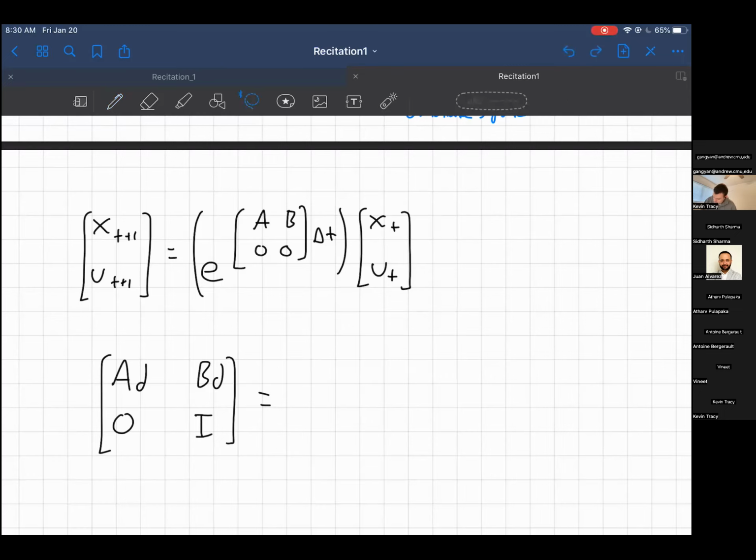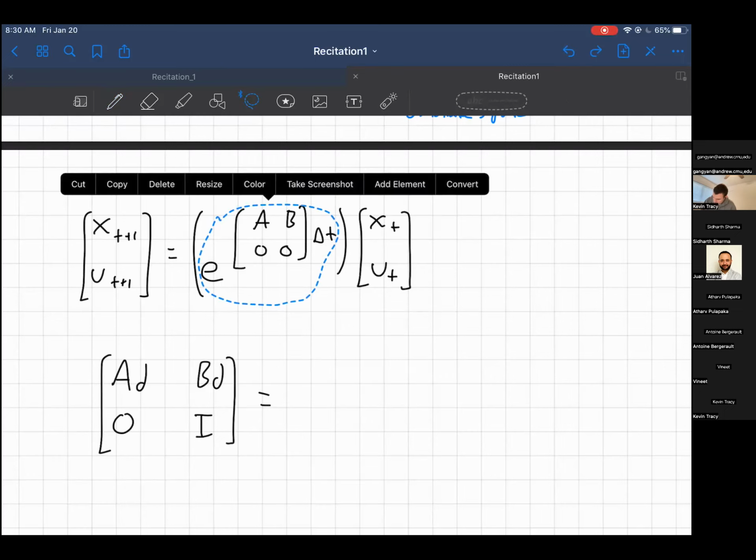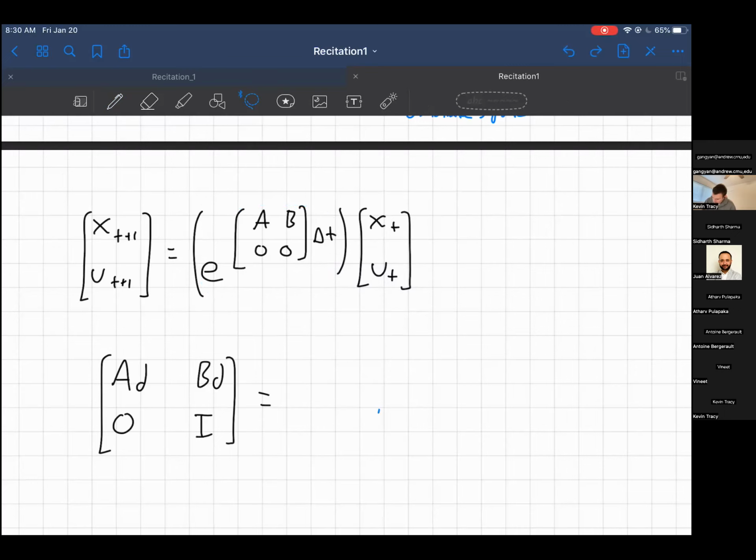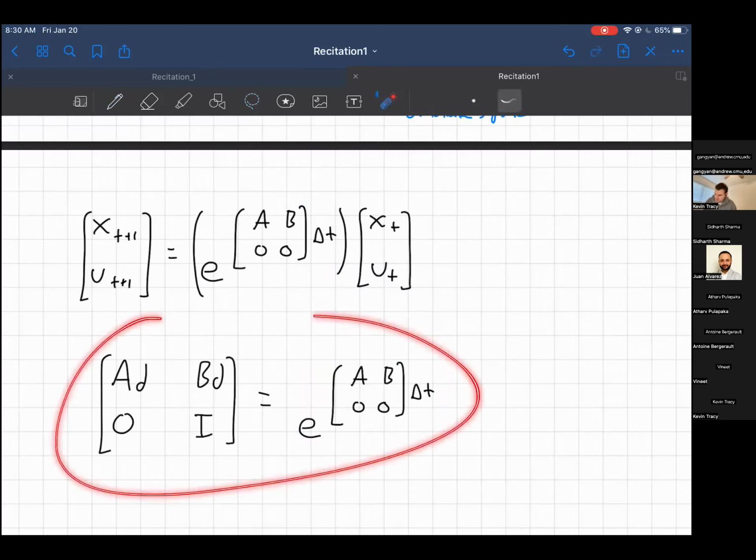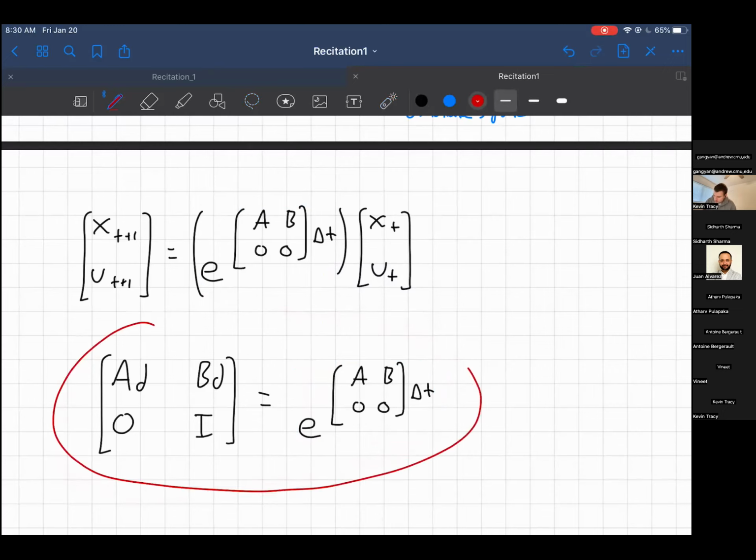I'll just do a quick copy and paste. So this right here is going to be super important for us. We started with the continuous time x dot equals ax plus bu. And what I said is that if I consider the controls as a zero order hold, so the controls are not changing throughout that time step, I can use my A and B, and I can take the matrix exponential of this combined matrix times the scalar delta t, and it will spit out this new matrix where I can just pull out the components AD, BD.